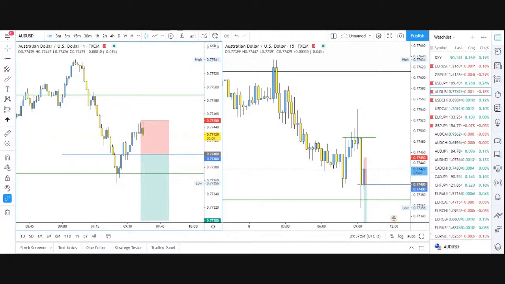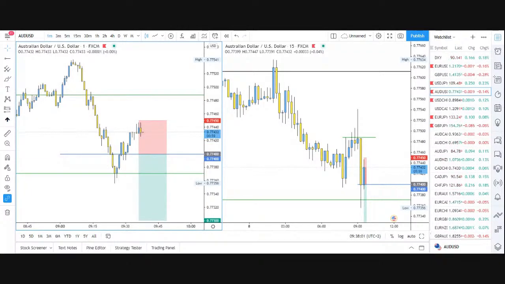Okay, do you see what AUD USD is doing? It's printing a bearish candle. So what we can now do is go to MetaTrader, new order. We can now set our sell stop at 0.77400.